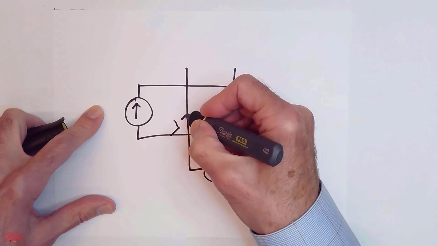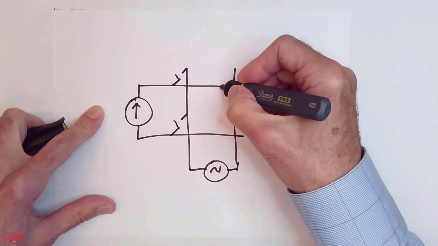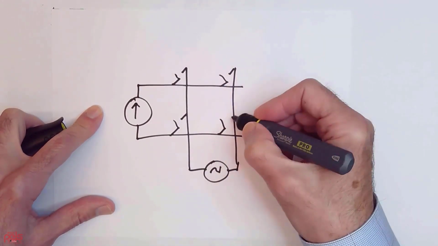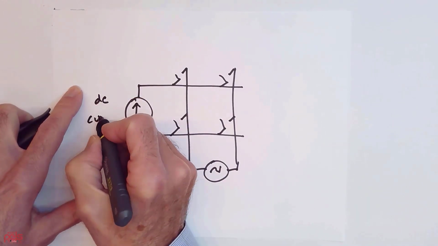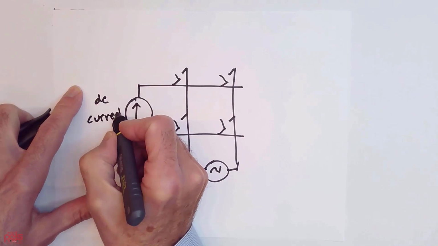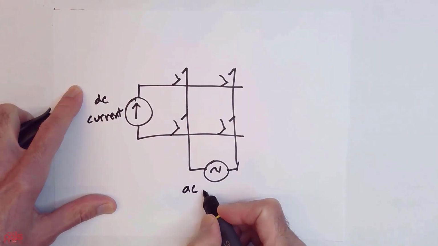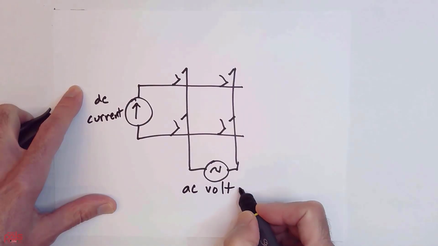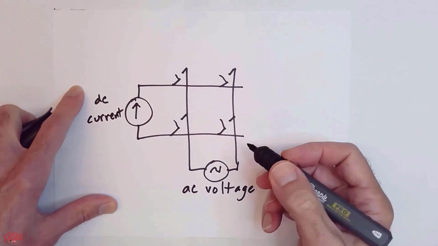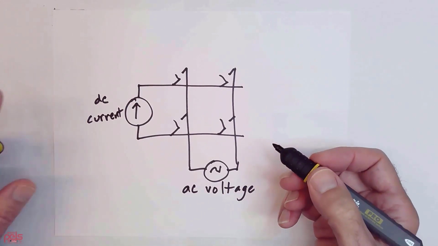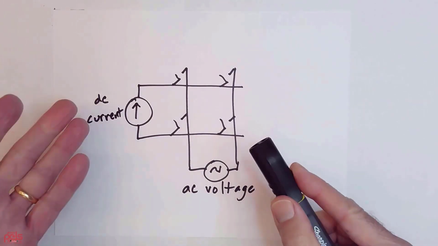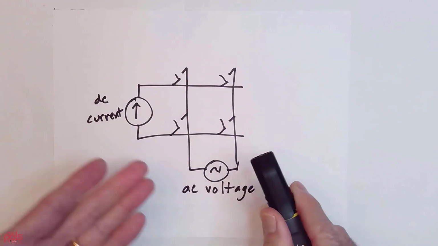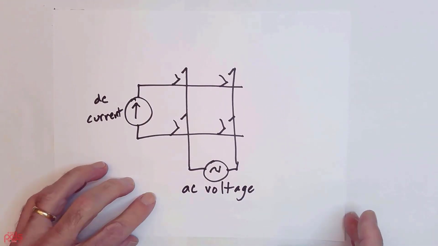So now we have the same general concept here. I've got DC current and AC voltage. So the prior image was a voltage sourced inverter, and now I have a current sourced inverter. So the duality is here, and things go along from there.